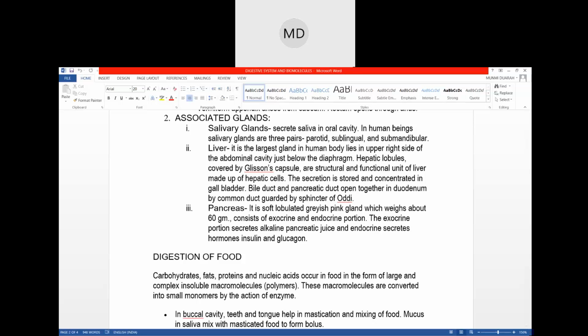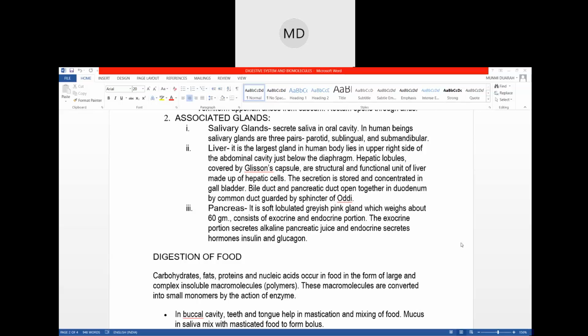Glands are organs, but those particular organs secrete some substance. It may be hormones, it may be any other substance, but secretion is there. Those are known as glands.